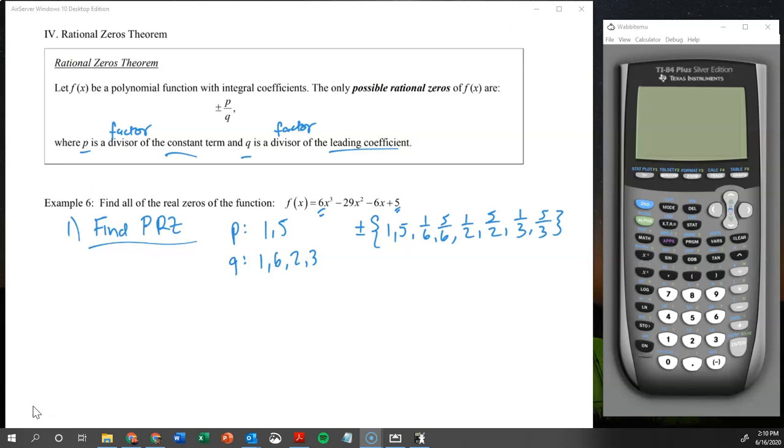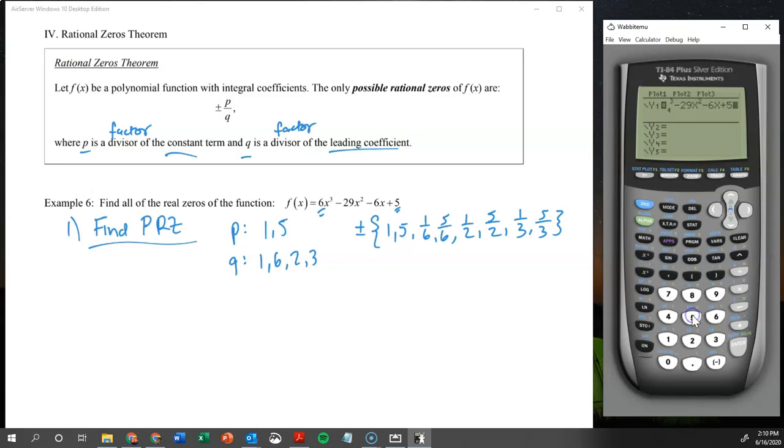Now, I don't know if they're actually rational zeros until I synthetic divide by them, or what we're going to do is use the calculator to determine what they are. If you use your calculator, we're going to first go to the y equals screen and plug this polynomial in: 6x to the third minus 29x squared minus 6x plus 5.